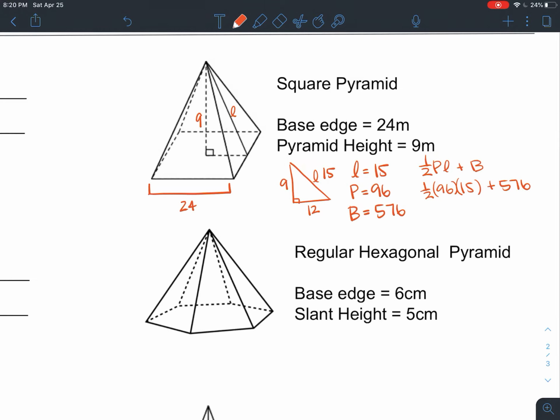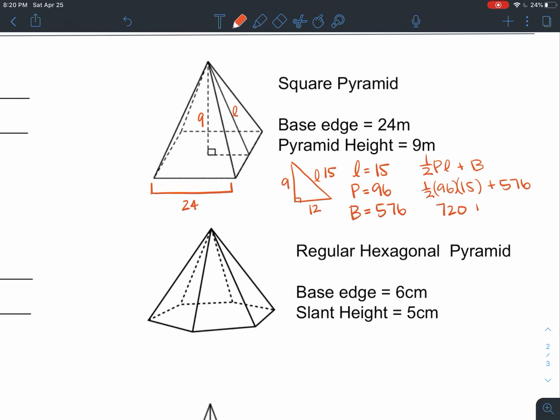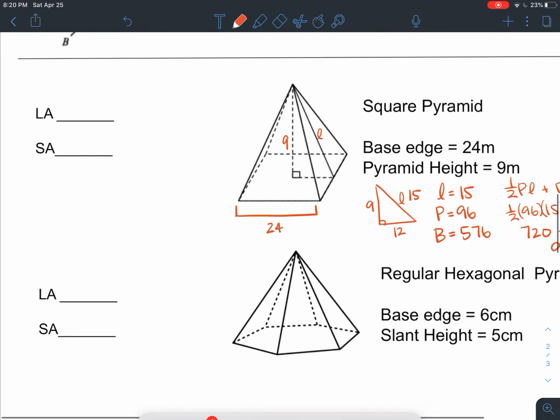And this first part will be our lateral area. So I'm going to have 48 times 15, which is 720 plus 576, which is 996 total.